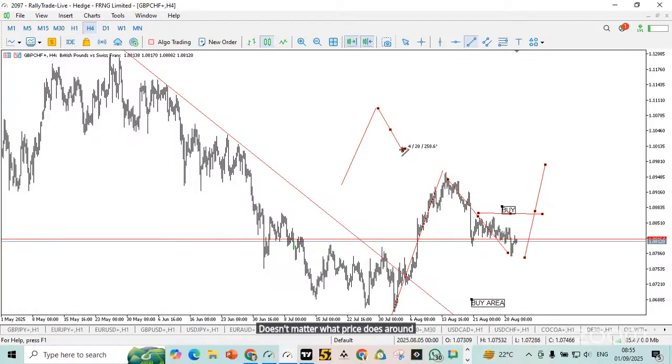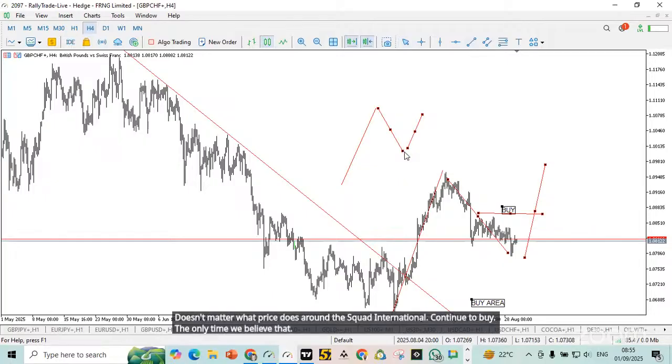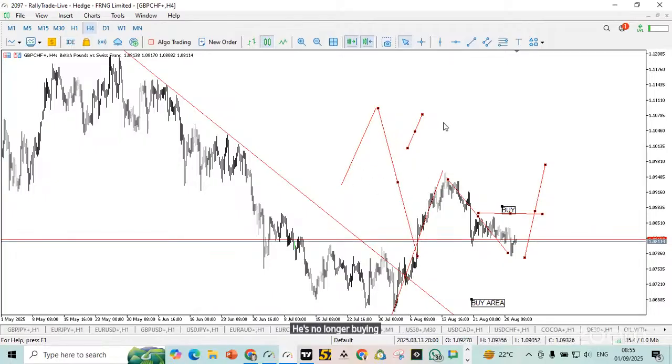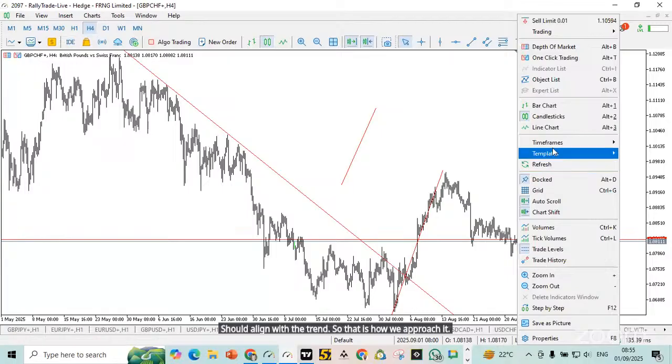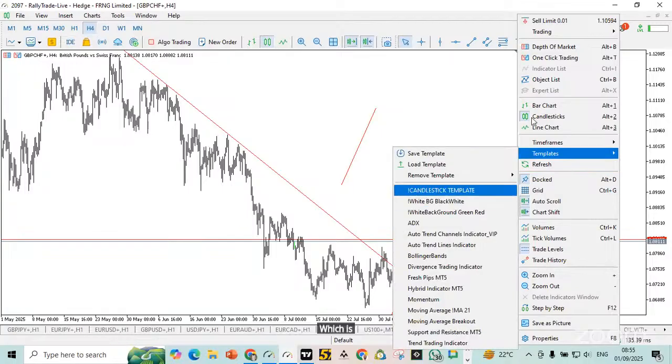Continue to buy. The only time we believe it's no longer buying is when it goes below the support level. Get it? But more of the time, trade in line with the trend and not against it. So that is how I'll be approaching British Pound CHF.